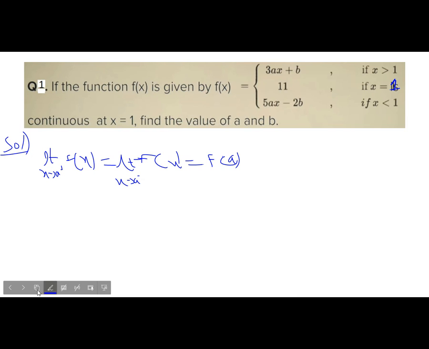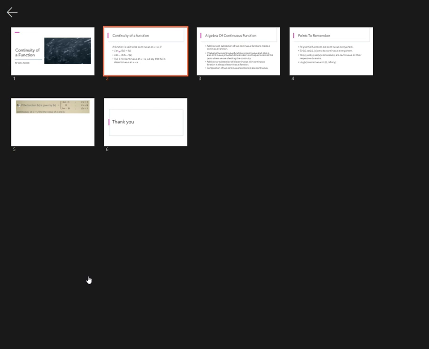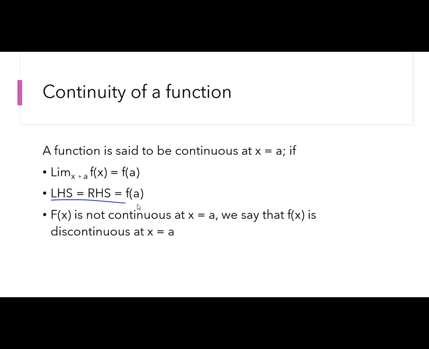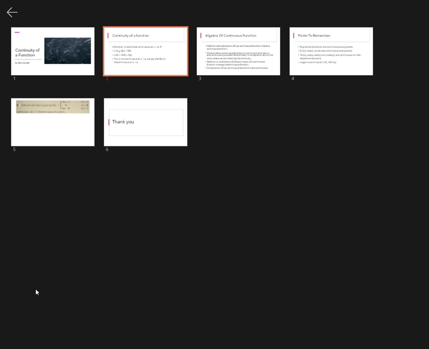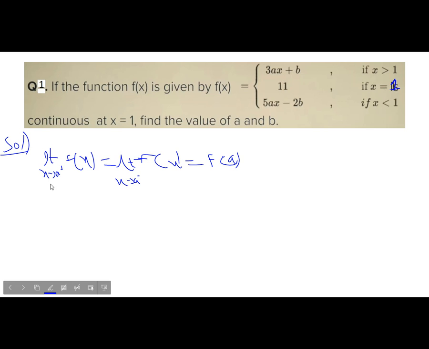So where did I get this equation? It's from the very first slide, which says that LHS should equal RHS equals f of a, as I've explained, and this is how we write this equation.